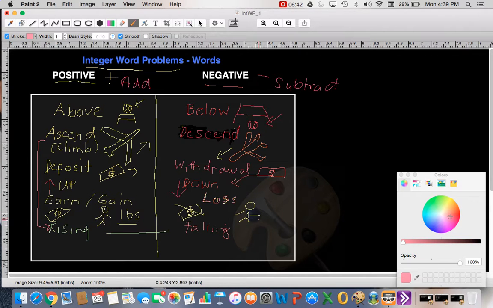Then increase, and the opposite of increase is decrease. And forward, the opposite of forward is backwards.